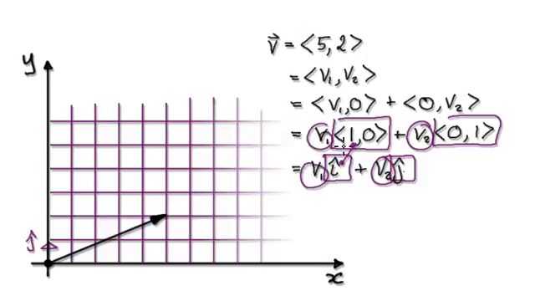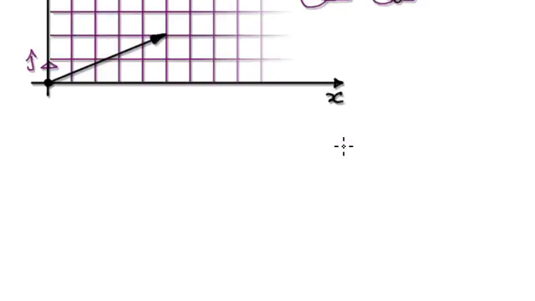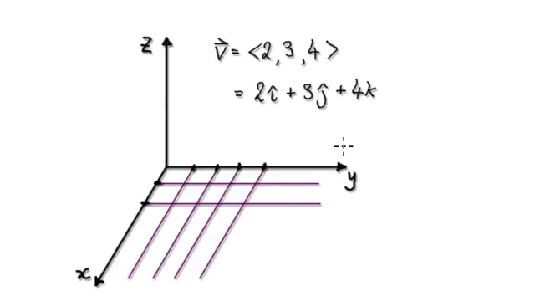So let me give you another example, but in 3D. Let's say we've got a vector 2 in the x direction, 3 in the y direction, and then 4 straight up. 1, 2, 3, 4, something like this. So our vector looks something like this.